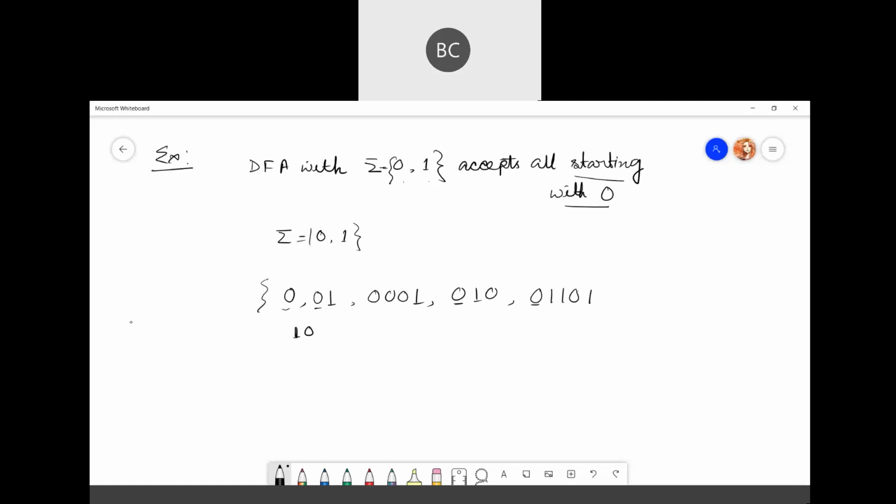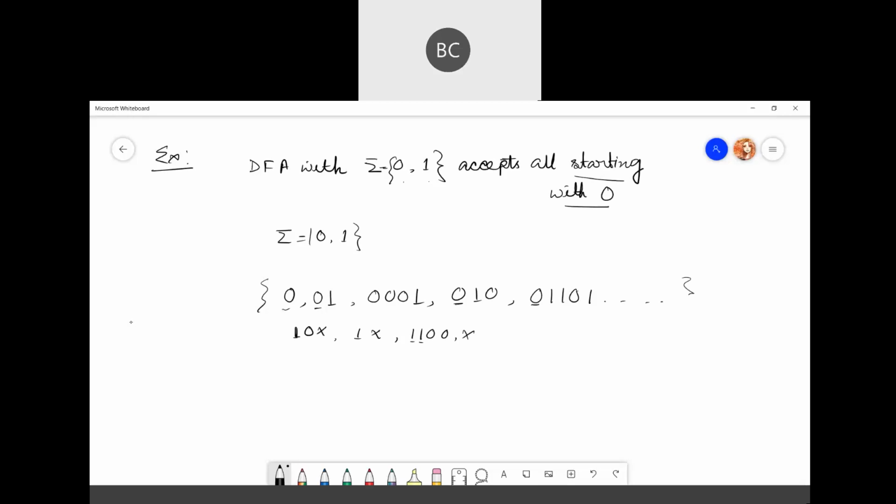This string will not be accepted. Why? Because here it starts with 1, but the condition given is that all start with 0. So this string will not be accepted. 1 will not be accepted. 1, 1, 0, 0 will not be accepted. Correct? So any string starting with 1 will not be accepted, and any string starting with 0 will be accepted.